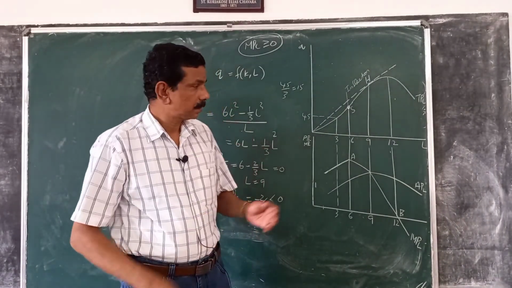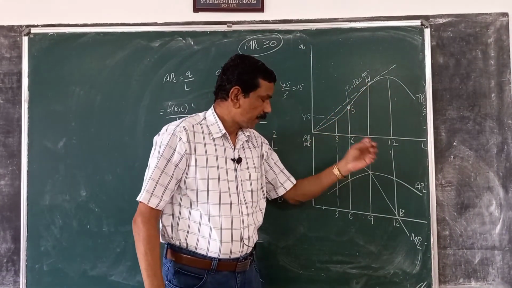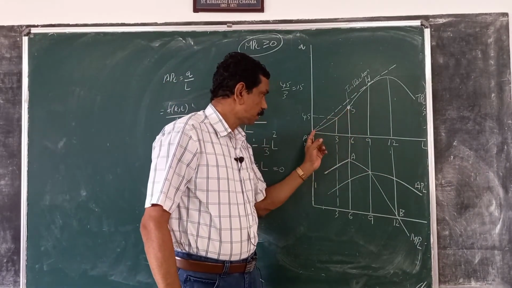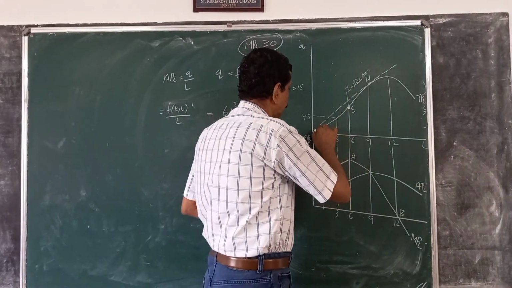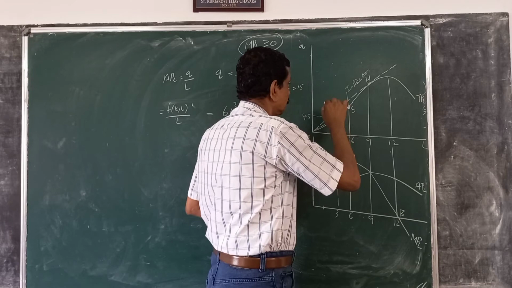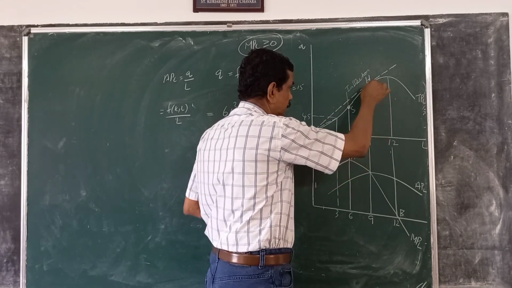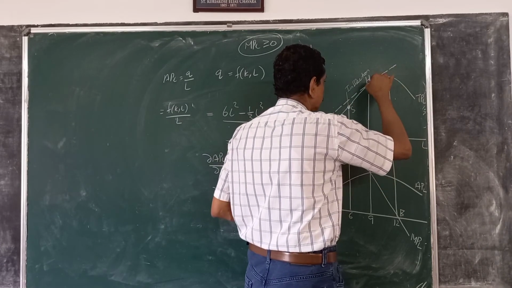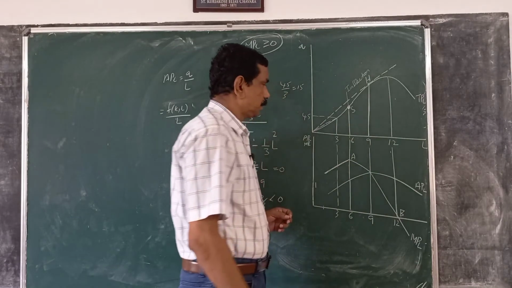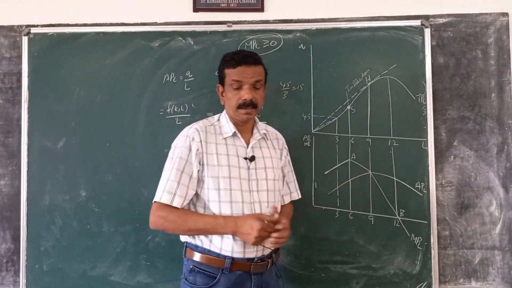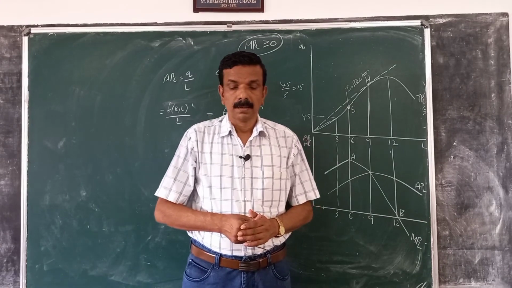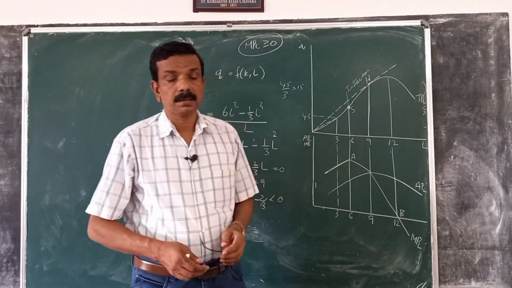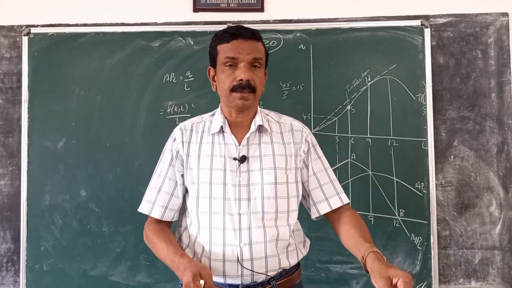So if you want to derive APL graphically, you draw a straight line from the origin to any point and take the slope. So at point H, the slope of this straight line is maximum. That means this is the point where APL is maximum. So this is consistent with the 9 units of labor.